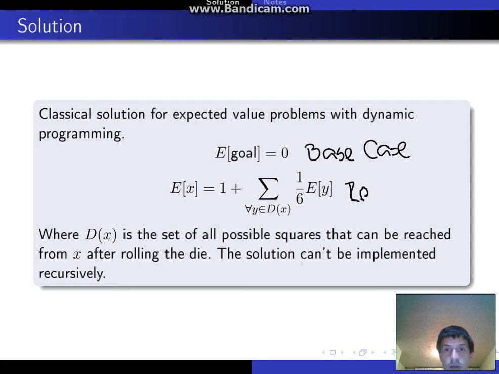But as you have cycles in the graph, if you just implement the recursion like is explained here, then you will get an infinite recursion problem. So, of course, the idea was not to solve the problem using that.